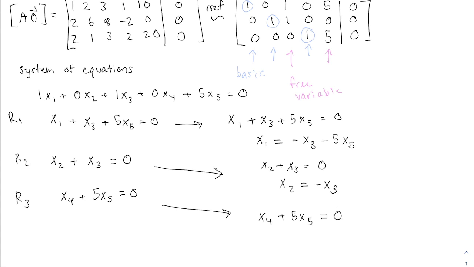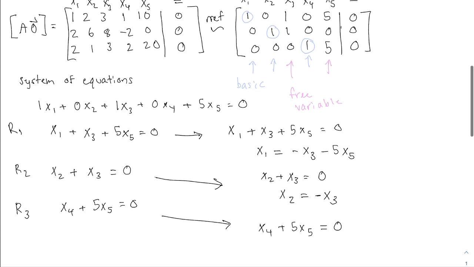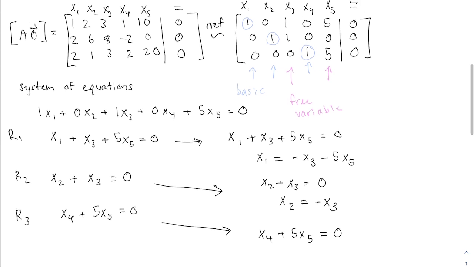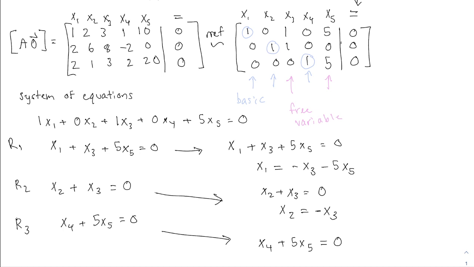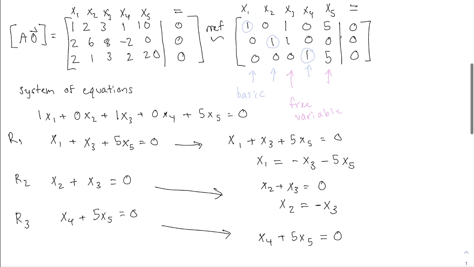So we don't have a basic variable here. Never mind. Why did I say that? I am so sorry. We do have a basic variable here. x4 is our basic variable.